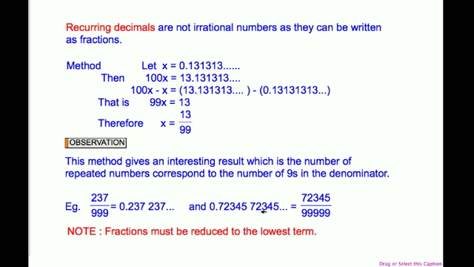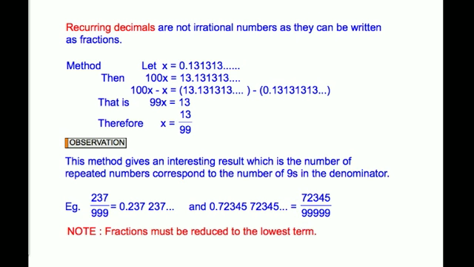And if we have a recurring number, which is 72345, then writing it as a fraction, we have 72345 over 99999, corresponding to each digit in the recurring number. We have to note that fractions must be reduced to the lowest term after it's being converted.